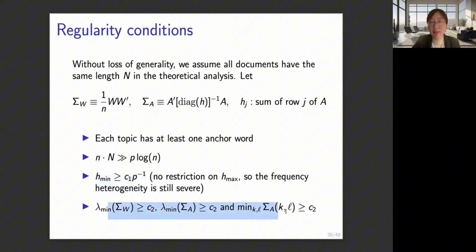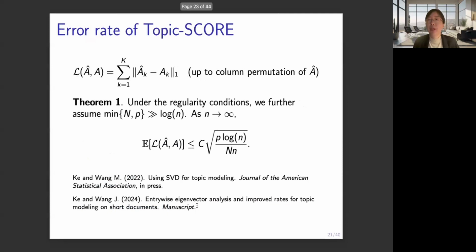The last condition is a regularity condition, where Sigma_W and Sigma_A can be viewed as the covariance matrices for W and A. Then we show that the rate for the error is in this form.